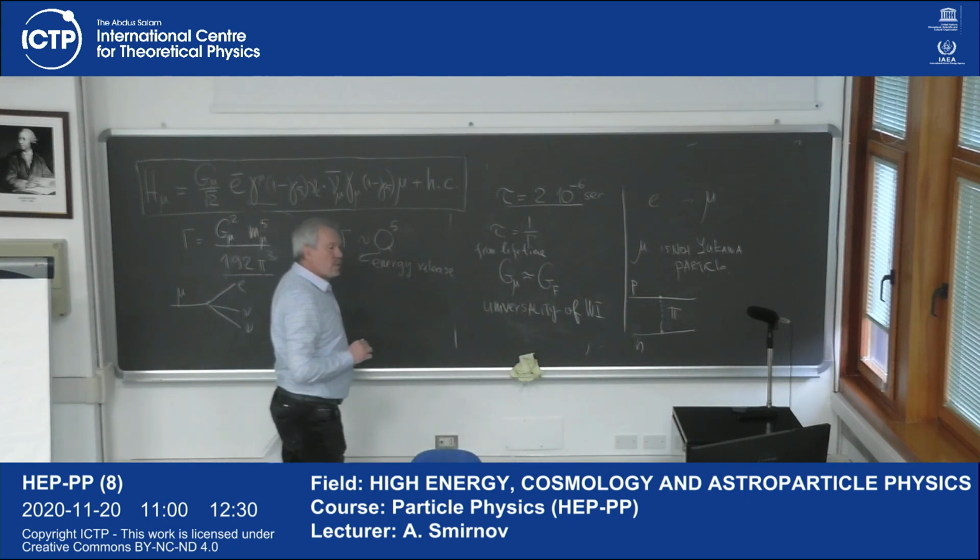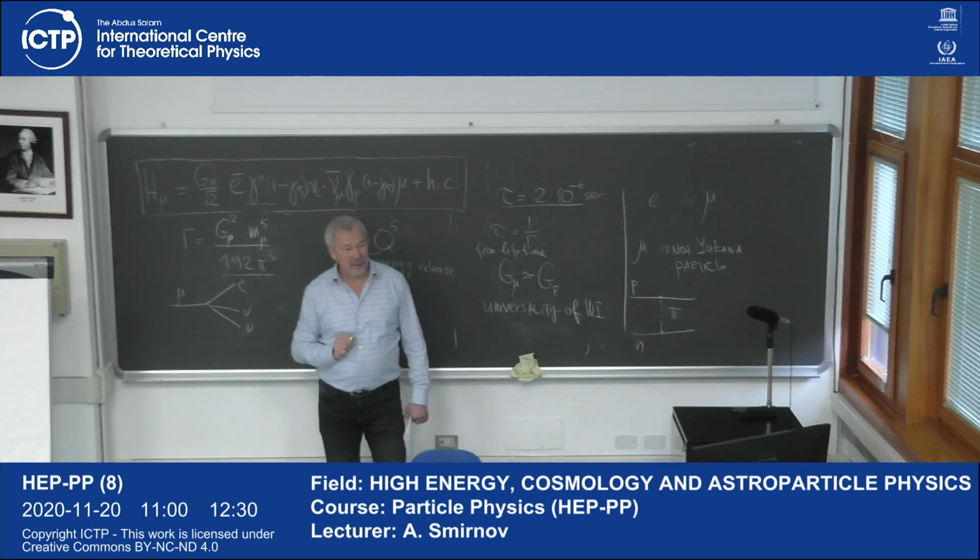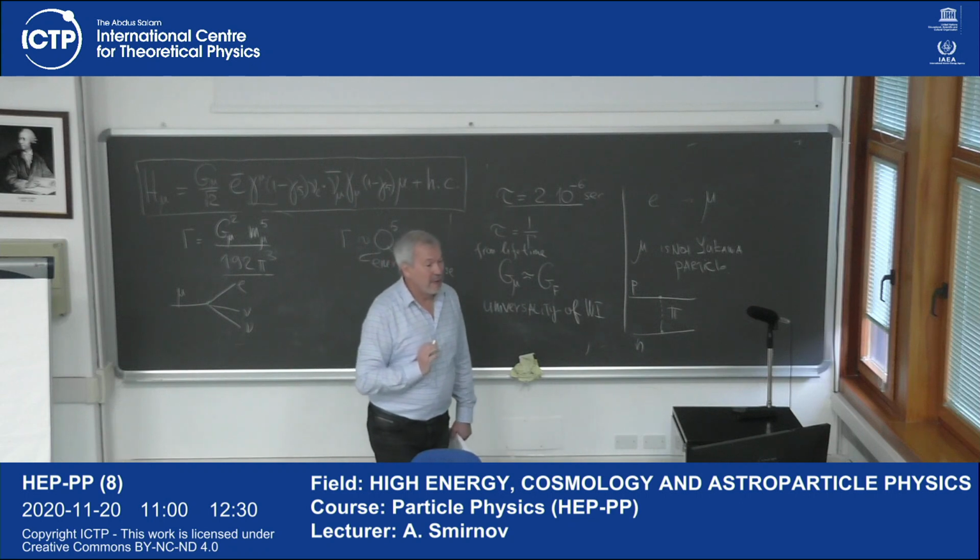And he also estimated what the mass of this particle should be. It's easy to estimate because you know the size of the nuclei. And to keep this system, you need a mediator mass which is the inverse of the size of the nuclei. If you remember these discussions about the sizes of objects and the masses, it was estimated that the mass of the pion should be the inverse of 10 to the minus 13 centimeters, and you will get that the mass of the pion should be around 100 MeV.